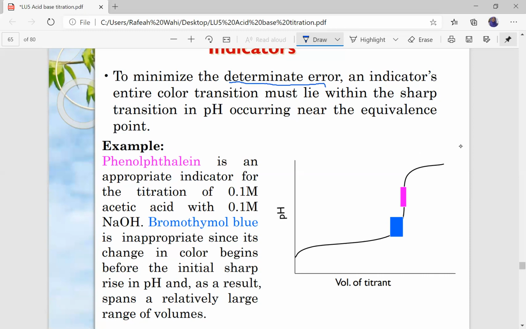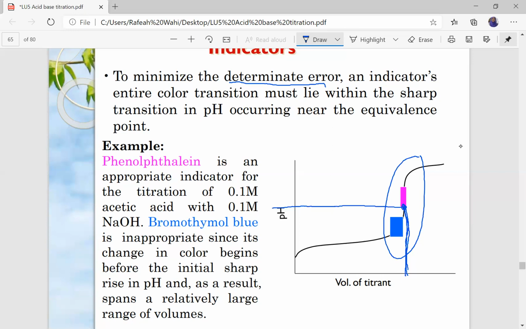Okay, if you look at any titration curve, the equivalence point is always at the middle of the steep curve here. Okay, all right. But if you use an indicator which can detect early the end, sorry, let me repeat that.